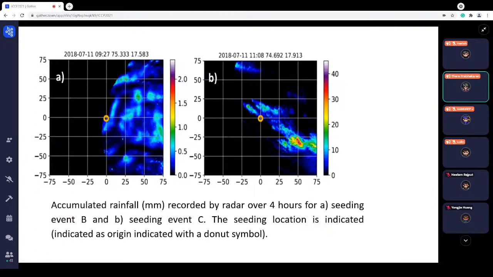Then we also looked at the precipitation from the radar, from the seeding location, downwind of the seeding location. So basically we have such observations also from the rain gauges, and this is just to give you a glimpse of what kind of observations we did and what is available.